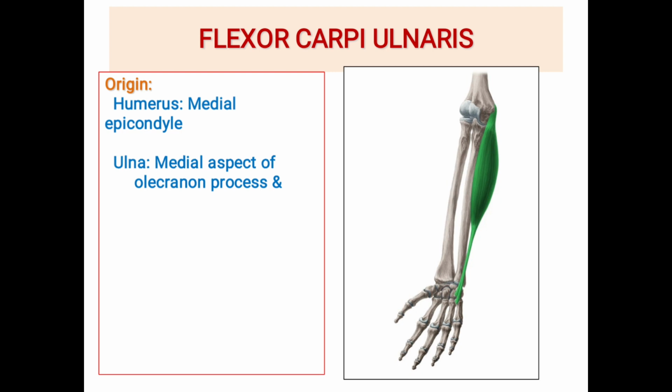Okay, so if you remember a while ago, the insertion of the flexor carpi radialis is the second and third metacarpal bone. So radialis is on the lateral side, and the metacarpal bones on the lateral side are metacarpal number 2 and metacarpal number 3.